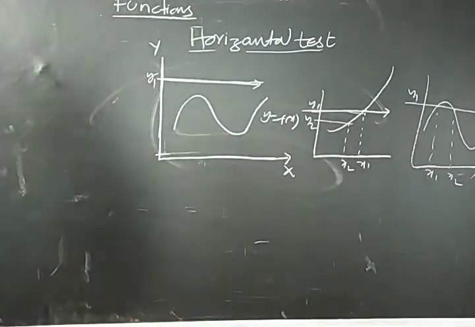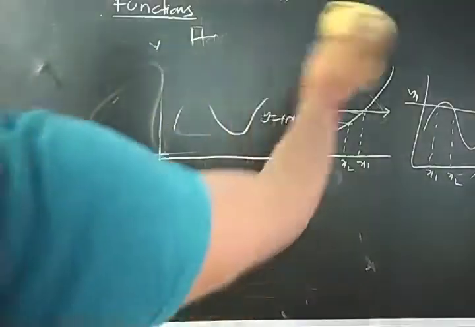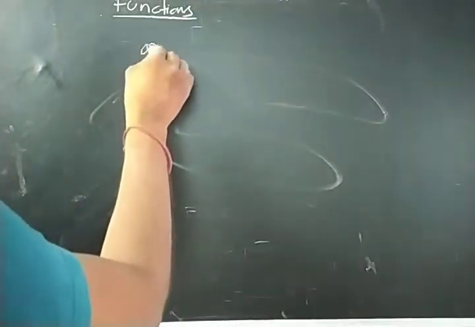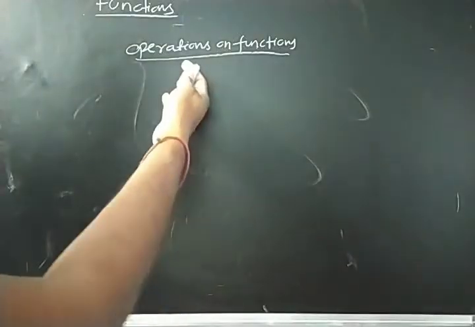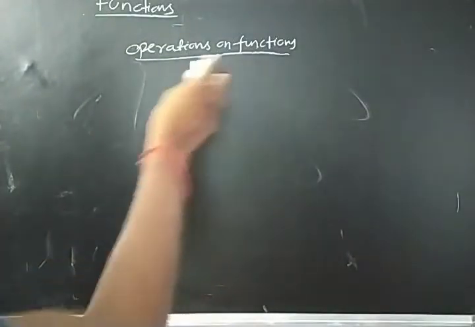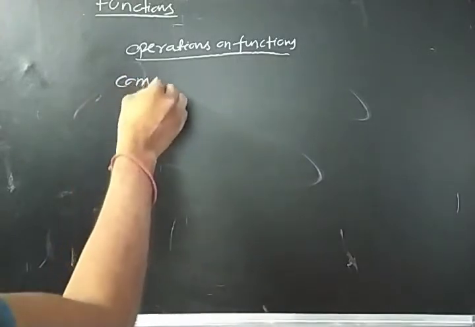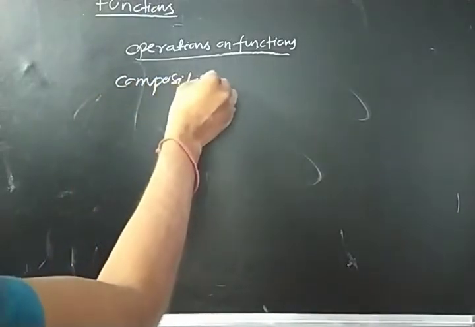Okay, right. Now let us discuss some operations on functions. Operations on functions. That is composition of mappings. It is known as composition of mapping.